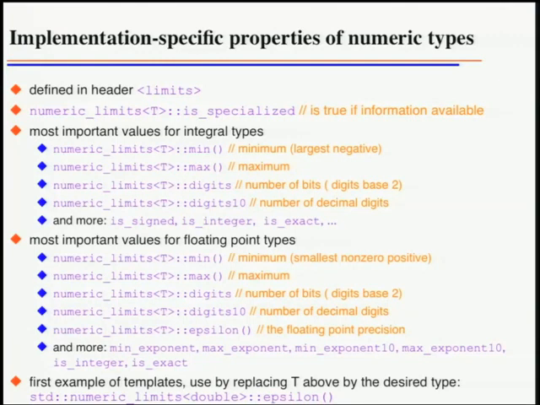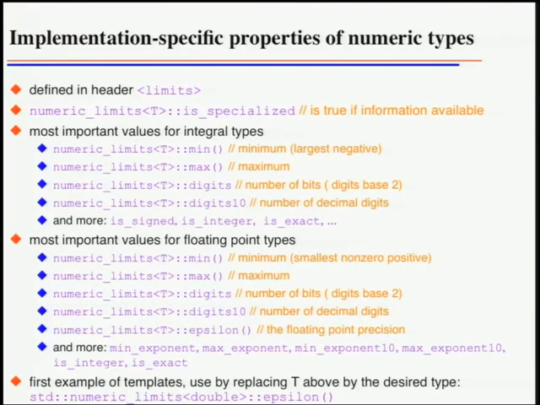The maximum, again, number of digits in base 2 and in base 10. And epsilon, the floating point precision, which we just talked about. So if you wrote a nice code to try that out, you could in the end compare to this value and check if your code is right, or maybe the implementation is wrong. Who knows? And again, much more.